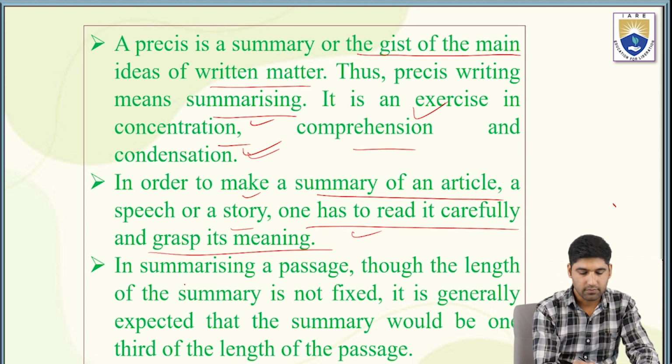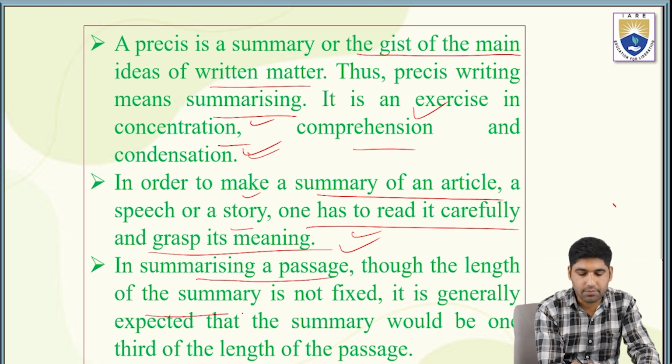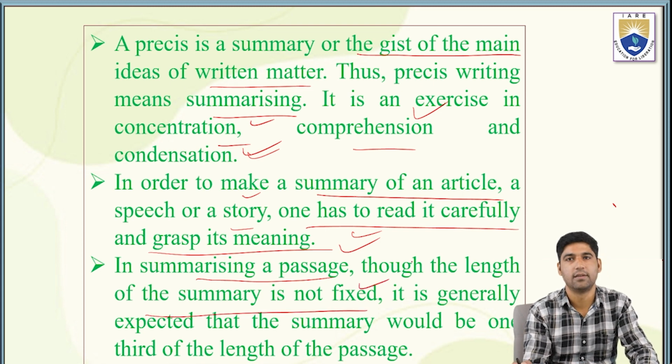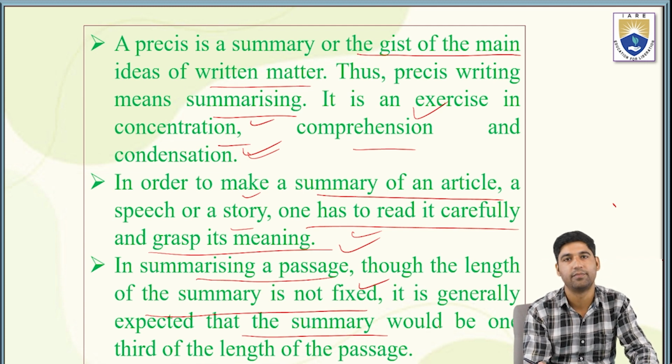Then, in summarizing a passage, while writing a precis, though the length of the summary is not fixed, it's generally expected that the summary would be one third of the length of the passage.